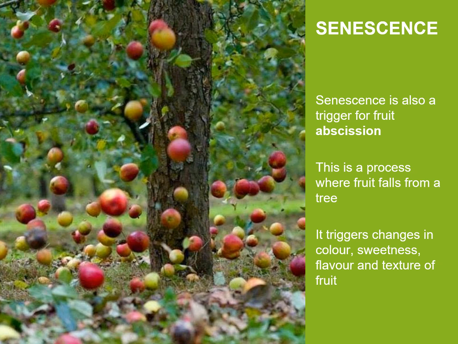It changes the taste and flavour properties, so it makes the fruits more sweet. And it can also make the texture of the fruit different. So while on the tree, the fruits may be quite hard, but then once they fall and ripen, they become much more soft.